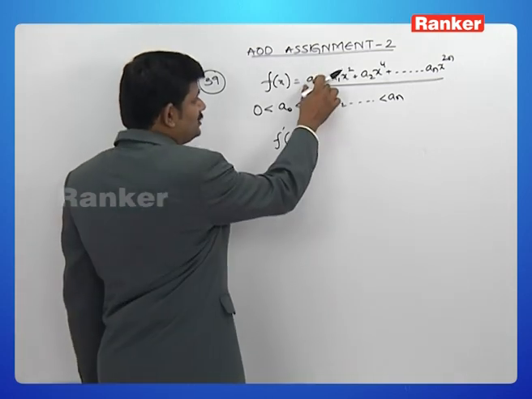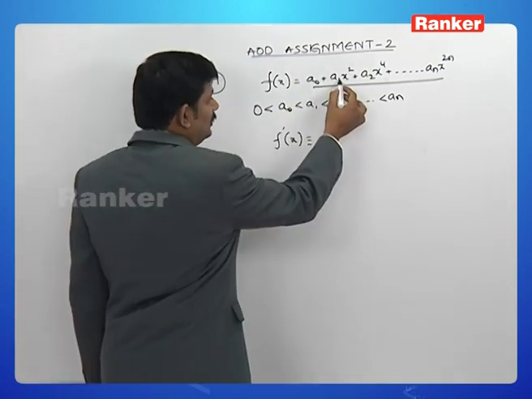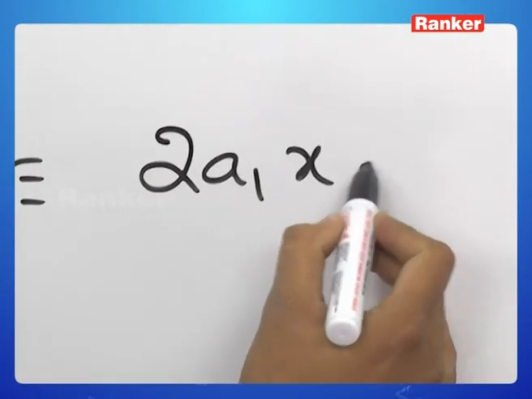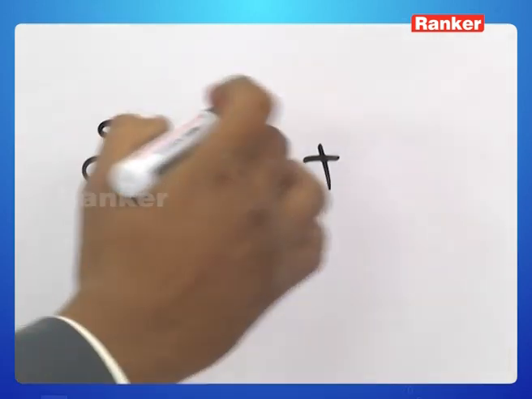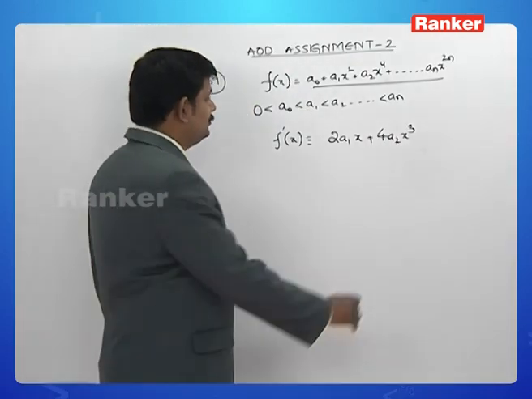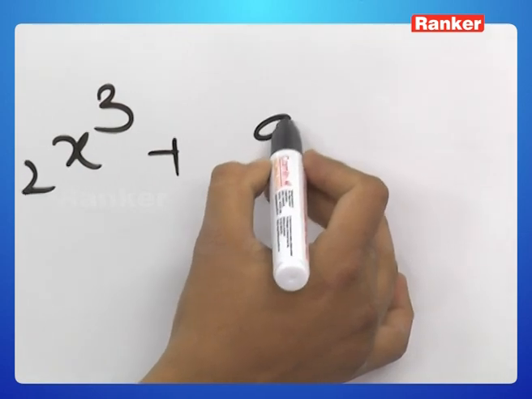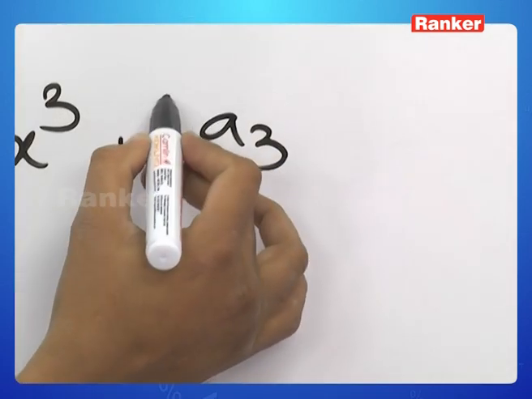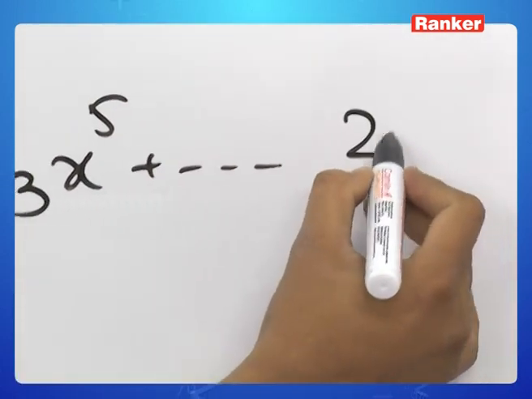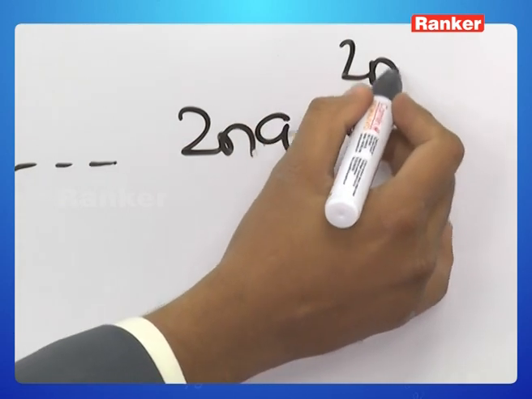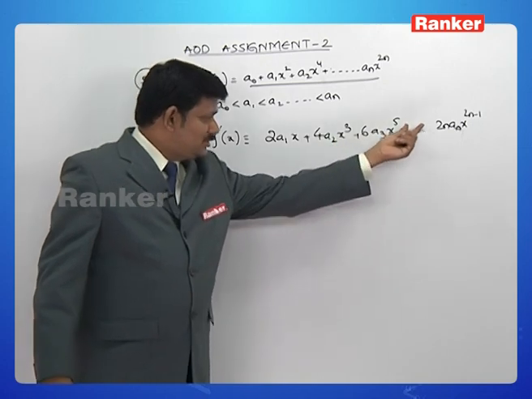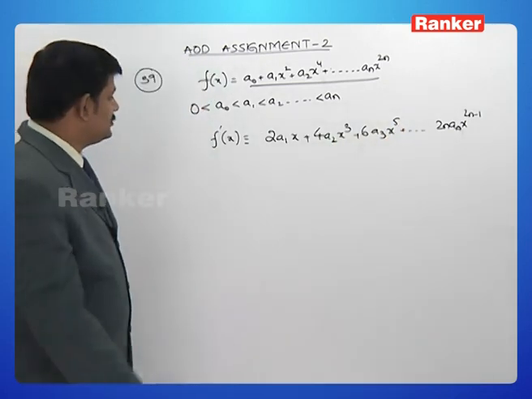F dash of x would be differentiate a0, derivative is 0, a1 into derivative of x square is 2x, 2a1 into x plus 4a2 into x cube, derivative of x power 4 is 4x cube, plus next term would be a3 x power 6, derivative of x power 6 is 6x power 5, so on up to 2n an into x power 2n minus 1. So in this you have all odd powers of x.